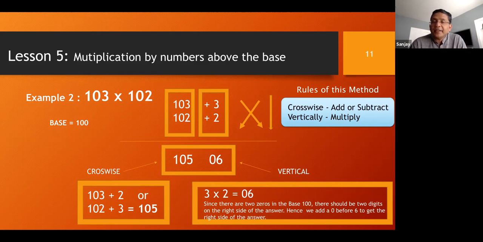If it's base 10, you can write 6. If it's base 100, you have to write it with 2 digits, which is 06. On the left side is 103 plus 2, or 102 plus 3, which is 105. So your answer for 103 times 102 is simple. With closed eyes, you can quickly calculate in your mind and just say 10506, right? That's how quickly you can get some multiplications done using this particular sutra.